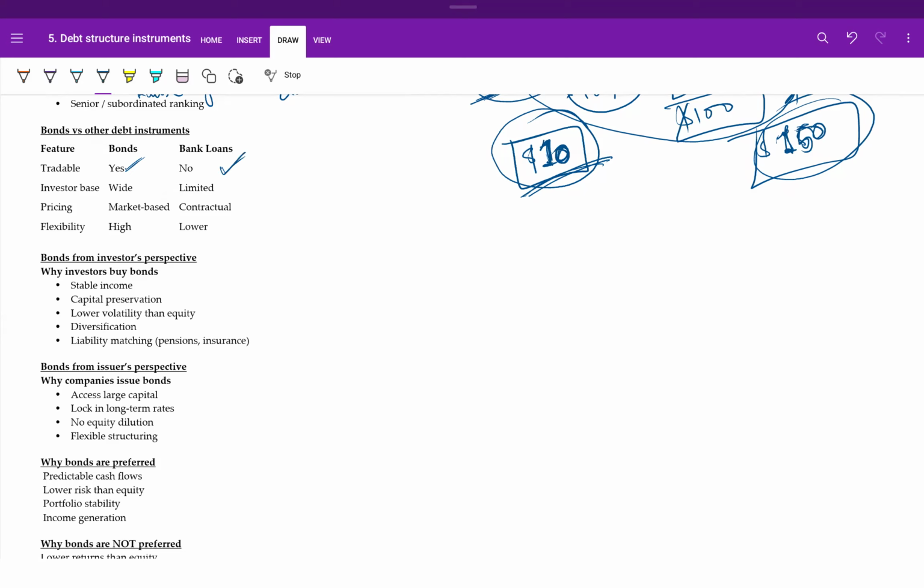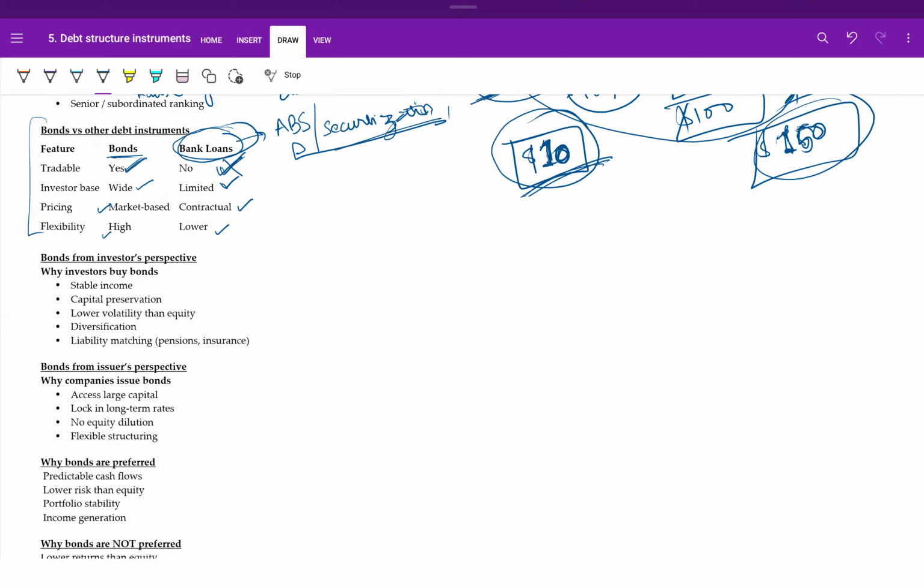But there is an instrument, asset backed securities or securitization, which we will discuss, where we can also trade bank loans. In layman's terms, bonds can be traded, bank loans cannot. The investor base is wide for bonds, limited for bank loans. Pricing is market based for bonds, contractual for bank loans. Flexibility is high for bonds and lower for bank loans.